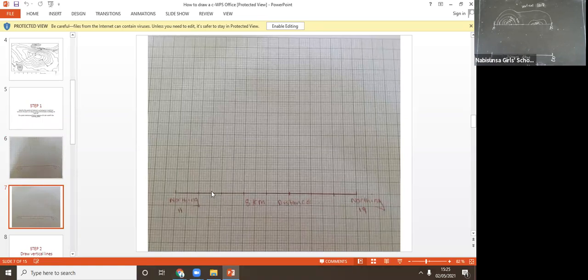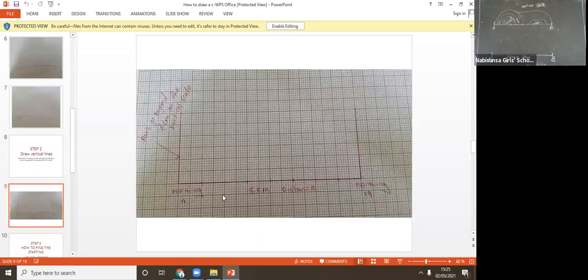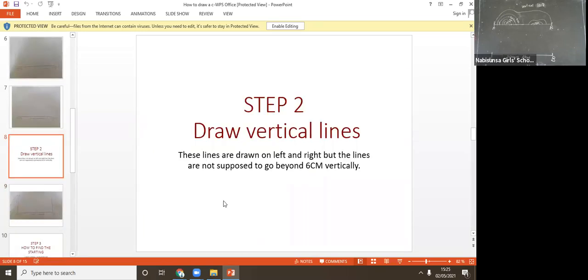You take 2, 2, 2, 2 until you get, if it's ending here, you just say 8.5. If it's ending at 7, then you say 8.7. Am I clear?